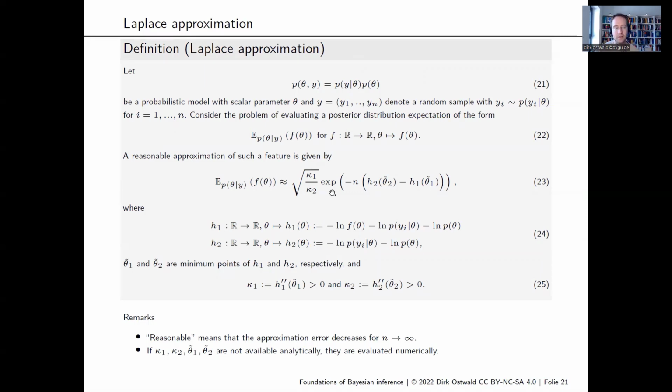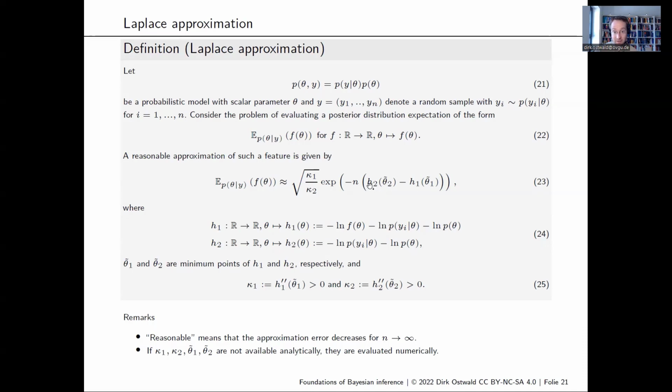The result of the Laplace approximation is the following. This integral, so this expected value, is approximately given by this thing here, where we see some kappas and some h's and some theta tildes.